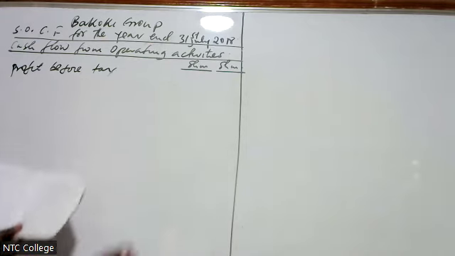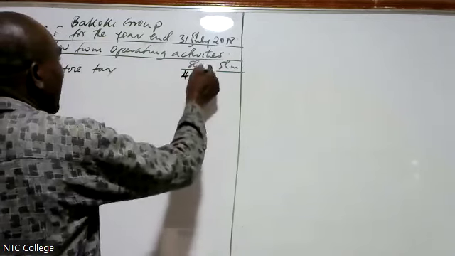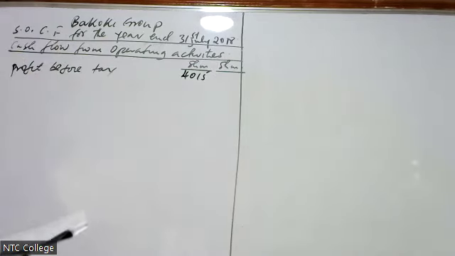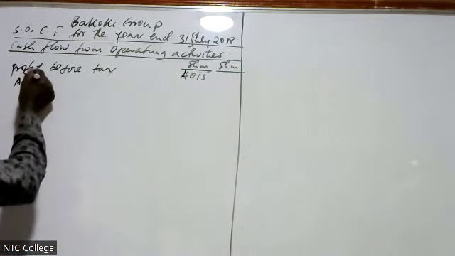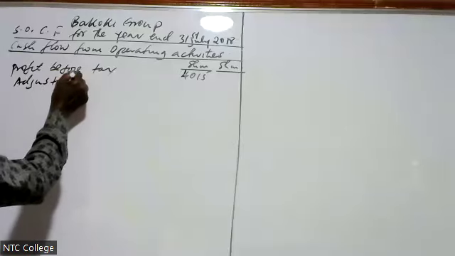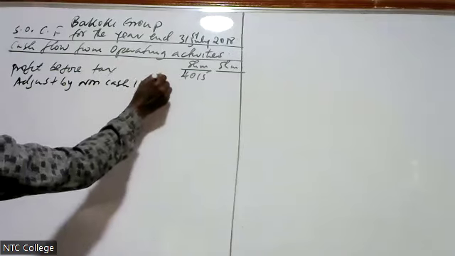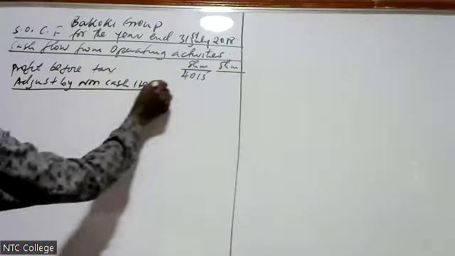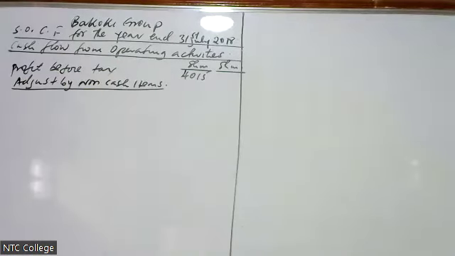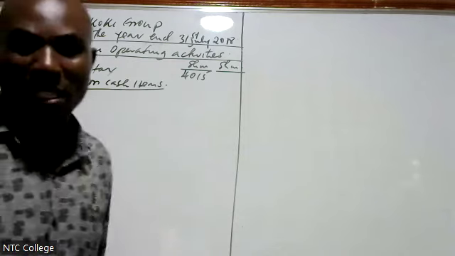Of course, the examiner is very gracious to us. He has given us 4015 from the income statement. Therefore, I already have 1 mark there. Then I adjust by non-cash items. I believe I showed you all non-cash items and how you do the adjustments.